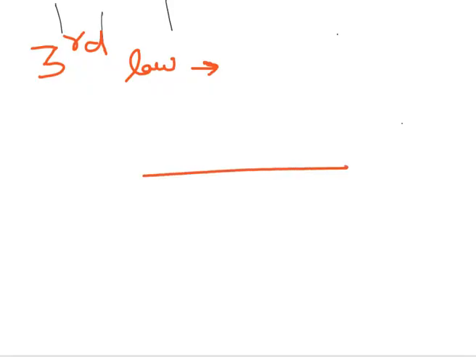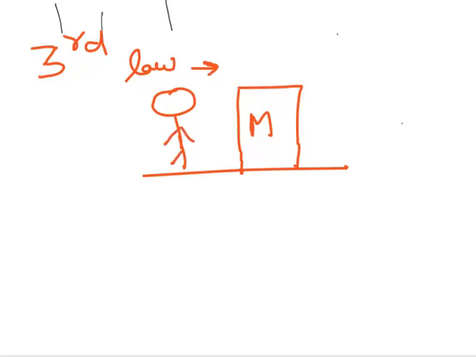Let's say this is the block M, and here is the boy who is applying force on this block. So the boy applies force on this block of mass M in this direction, and this block of mass M will also apply force on the boy in this direction.